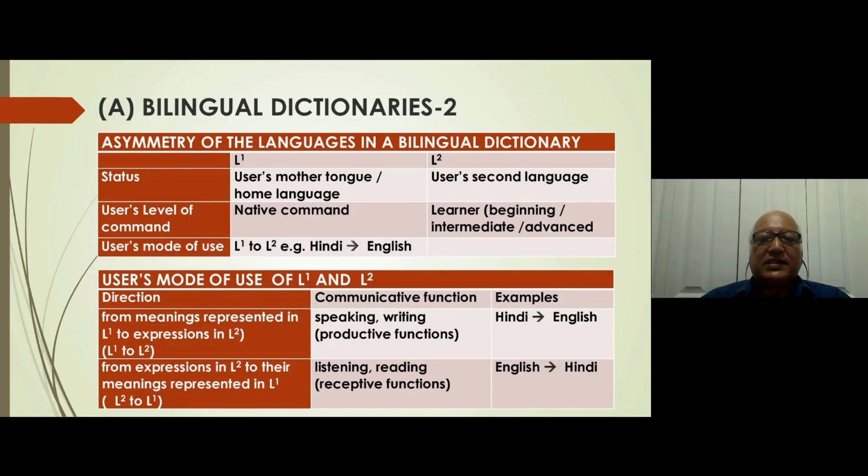So in terms of status, the L1 is more familiar to the speaker, to the user of the language, whereas the L2 is the language that is being learned.